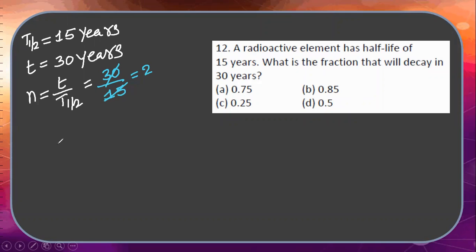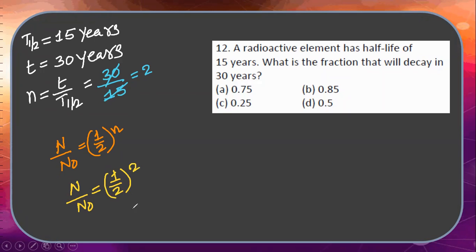Therefore, the fraction that remains, N by N naught, is equal to 1 by 2 whole power n. Here n is 2, so N by N naught is equal to 1 by 2 whole square, which is 1 by 4, or 0.25.